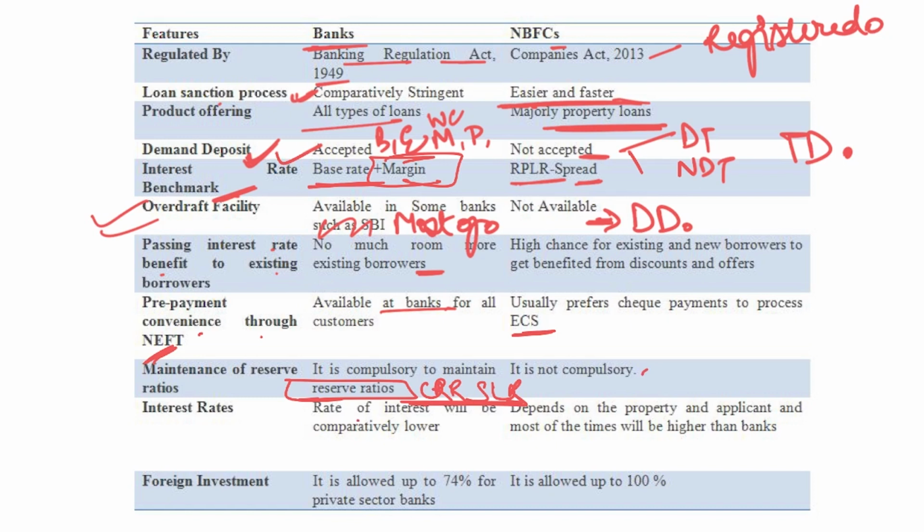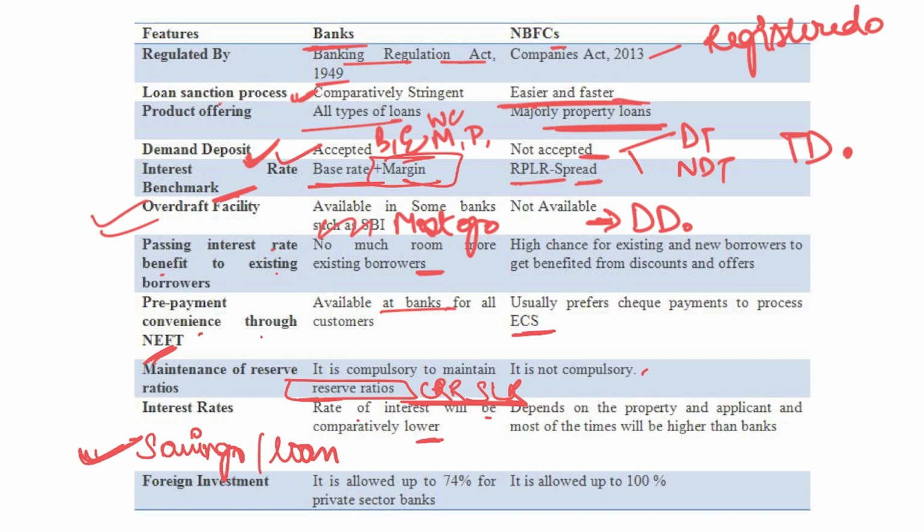Interest rates: the rate of interest will be comparatively low. The interest rate referred to here is on the savings account, and also on loans simultaneously. So the interest on loans you get from banks and on savings accounts is low if you compare to NBFCs.